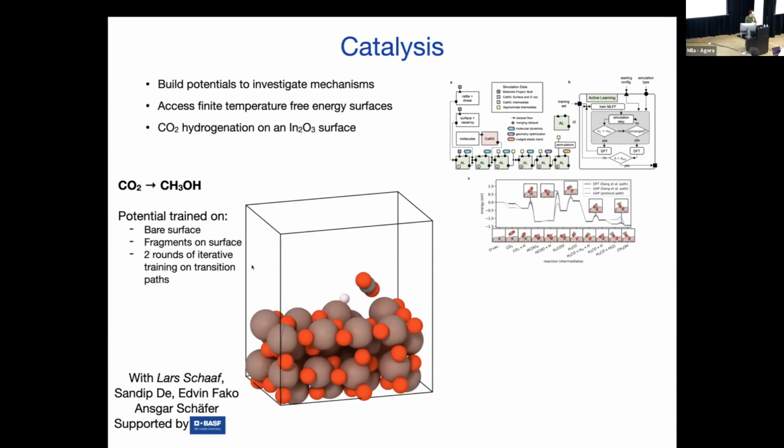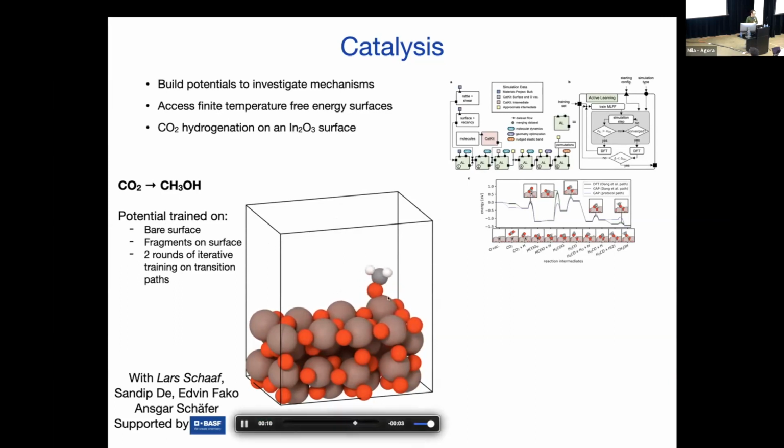So this is indium oxide, and we've created a potential using the ML technology by iterating a few times. You run a little bit of MD, see where it goes wrong, you put it back in the training set, but this is not a long, complicated process. We put in a bare surface, a few fragments, and 2 rounds of iterative training, and that allows us to make a potential that can reliably carry out this reaction from beginning to end.